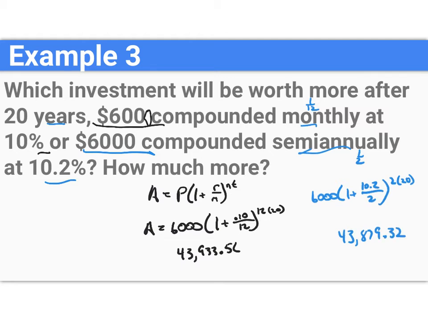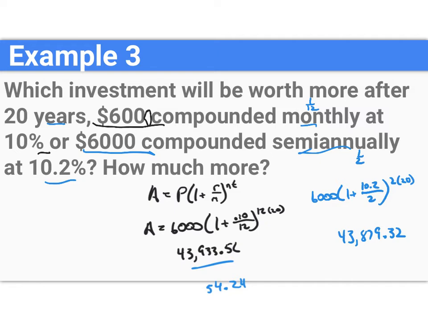As you can see, the one compounded monthly gives you a slightly better return. It's not as much as you think it would be, but if we subtract them, 56 minus 32 is 24, 13 minus 9 is 4, 12 minus 7 is 5. So it's better by $54.24 over 20 years.